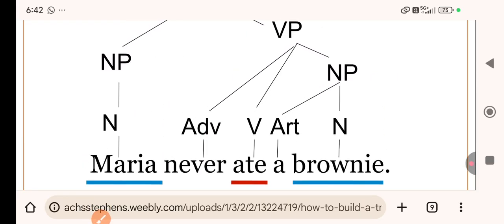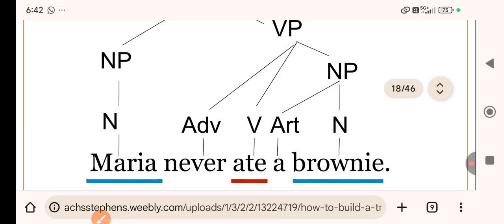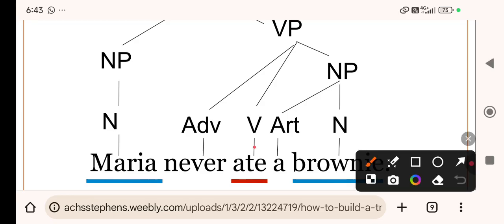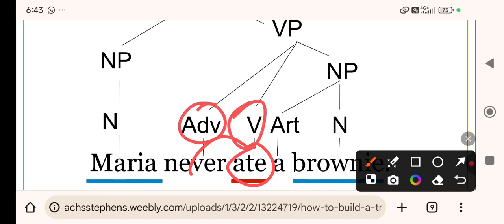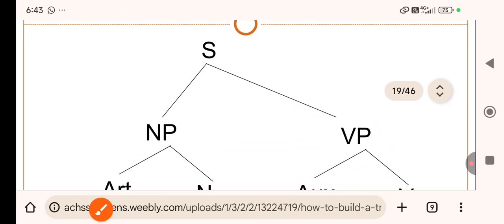Never ate, why? Because this is an adverb, and this verb is qualified by it. So that's an adverb and that's a verb. A brownie is a noun phrase. Simple sentence, I think. Very simple.